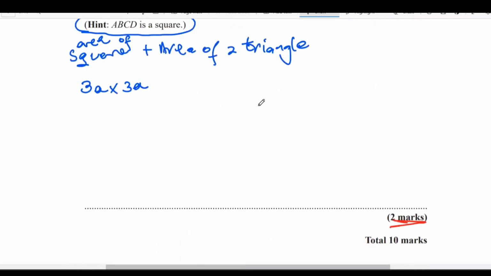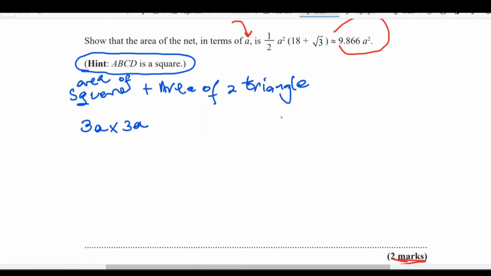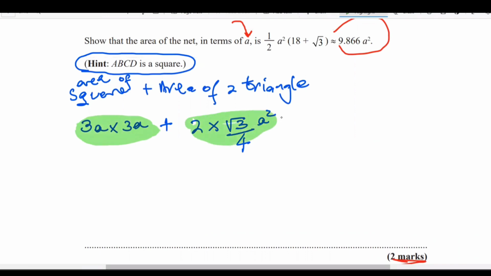And then I have 2 times root 3 over 4A squared. This part represents the area of the square, and this part represents the area of 2 triangles. We're done. Put it together now.